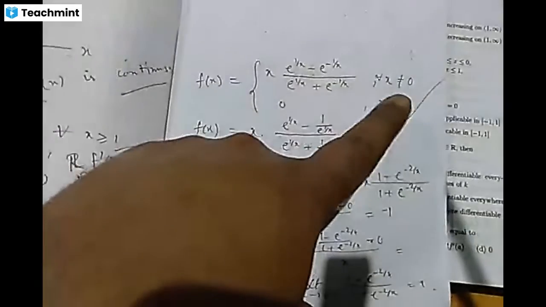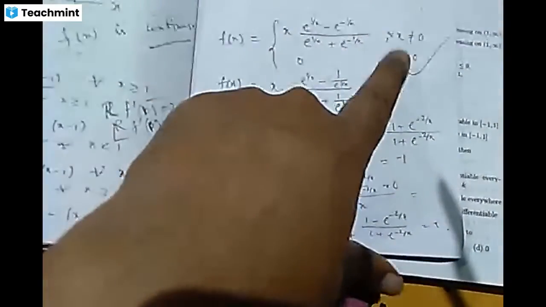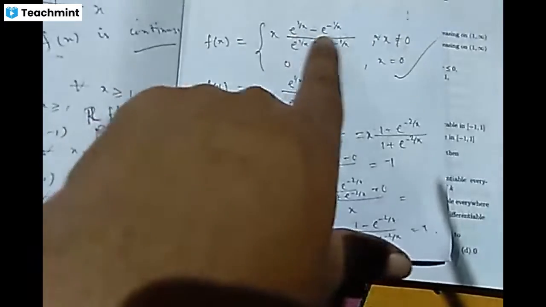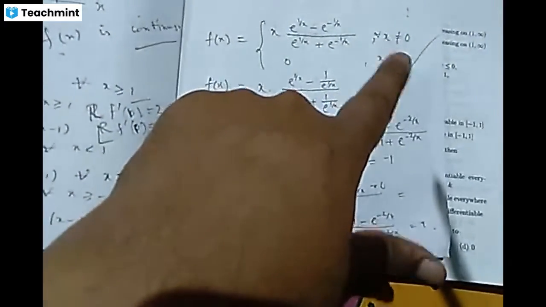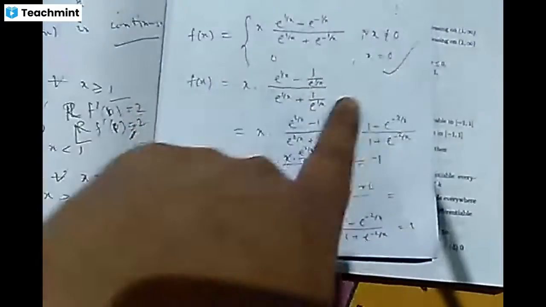Look, f(x) is defined in this way. Now the function where x is not equal to 0 can be treated in this way. We have to check the function at the point 0, I mean to say whether f(x) is continuous at 0 or not.